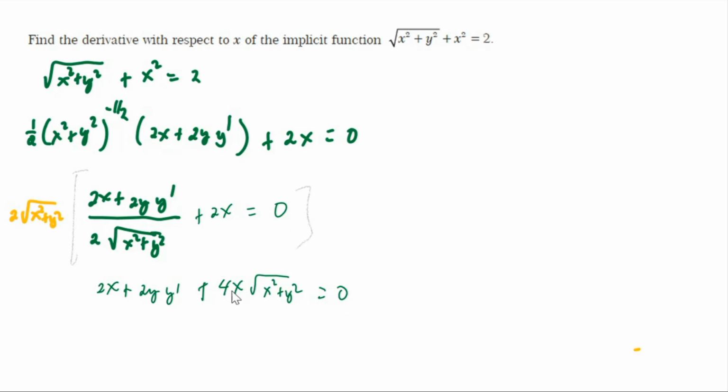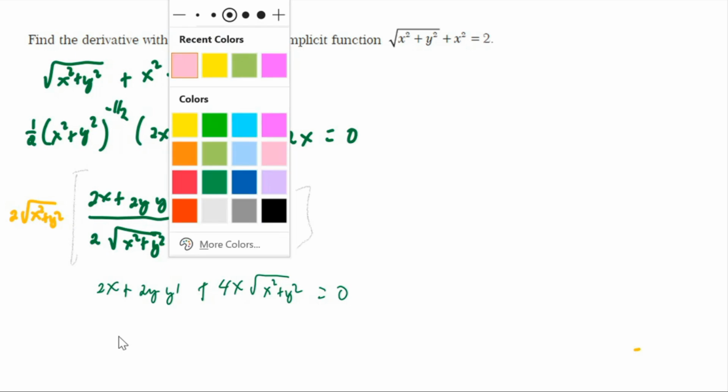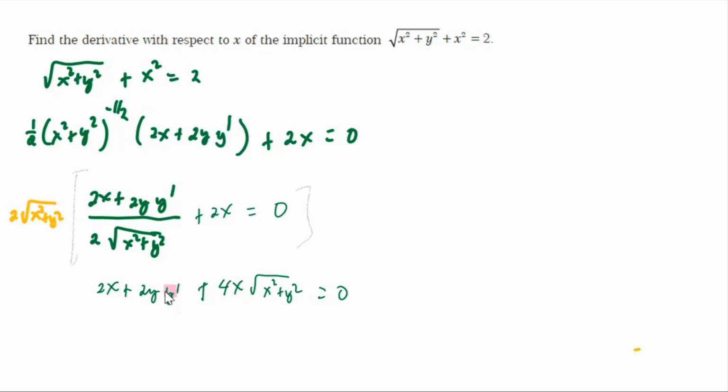Now, we can transpose or isolate the term having the y prime. So the other terms will be transposed to the other side. So we have here 2y of y prime equals negative 2x minus 4x the square root of x squared plus y squared.